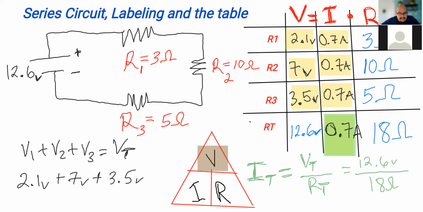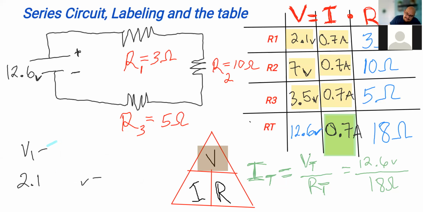Regardless of what direction you move around in the table, you'll have the values that correspond to each column. So for example, let's look at row number 1. Let's look at current for row number 1. Current there right now is 0.7 amps. How can we check that that's correct? Well, if I'm looking at my diagram on the table, that means that now I'm looking at the letter I again.